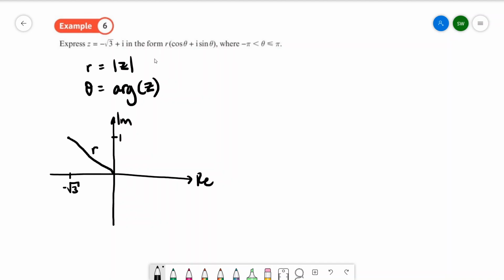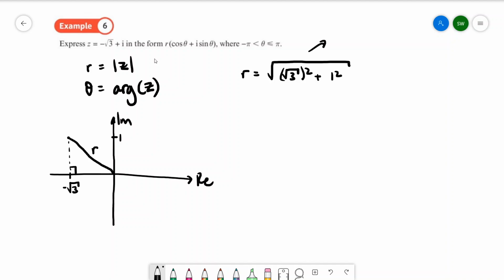So r is going to be the length of this line. So we can draw in a right angle triangle, and we can just use Pythagoras to work out the length of r. So we know that r is equal to the square root of root 3 squared plus 1 squared.